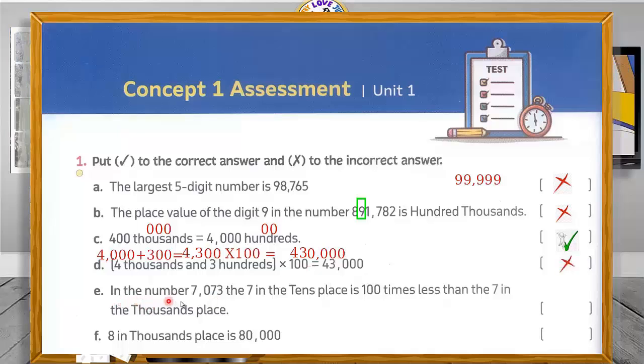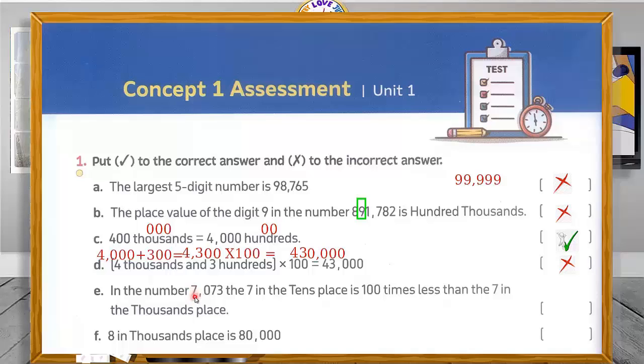E. In the number 773, the digit 7 in the tens place is 100 times less than the 7 in the thousands place. Look at 7. We have 2 sevens, or 2 digits of 7. 7 in thousands, 7 in tens.